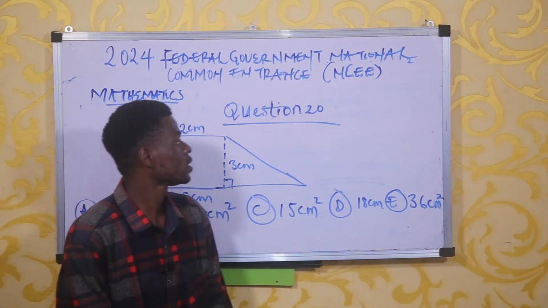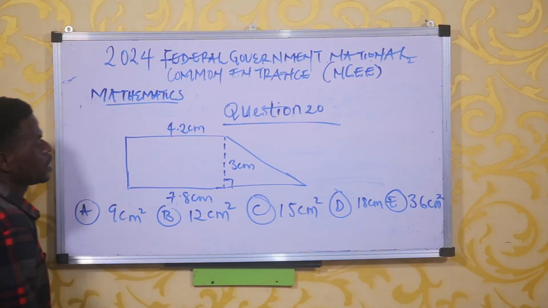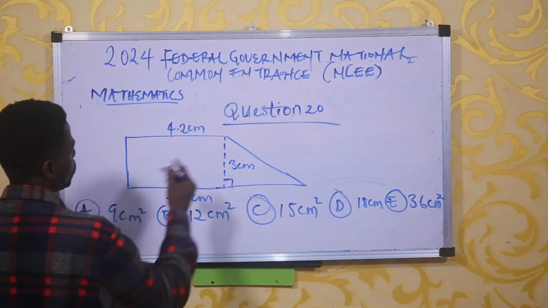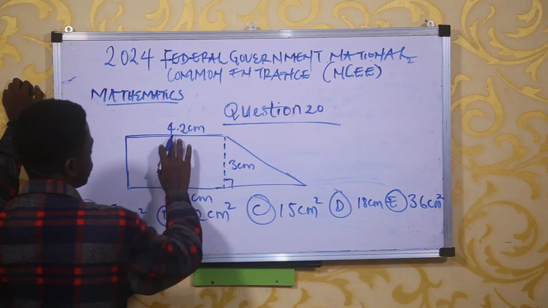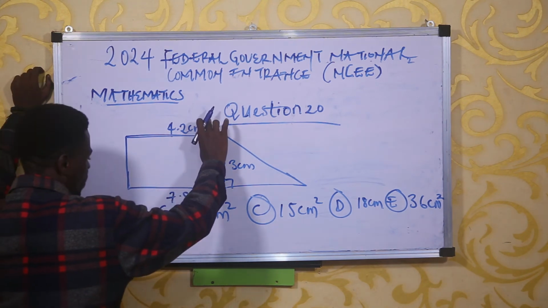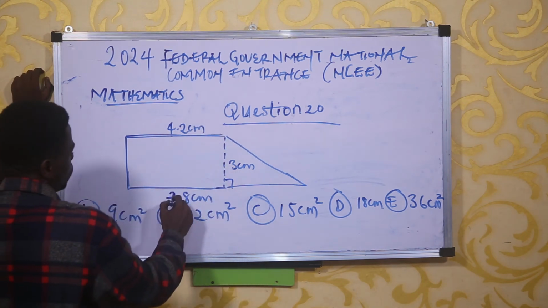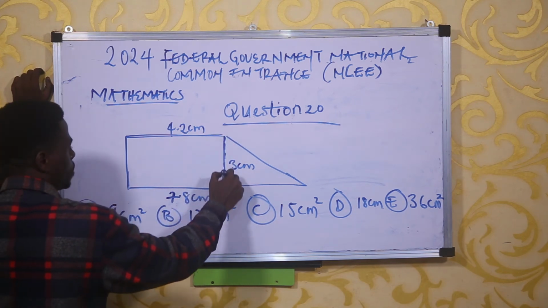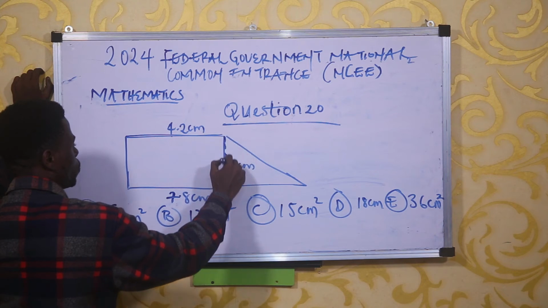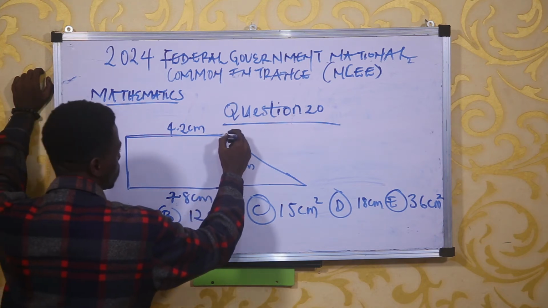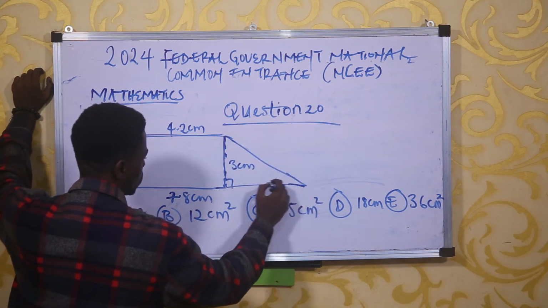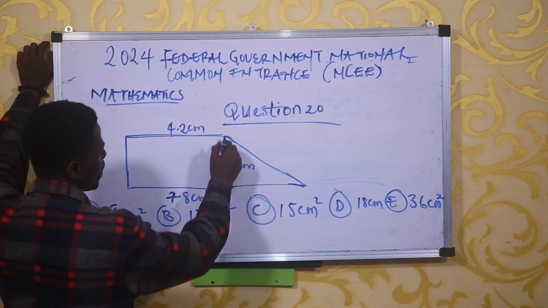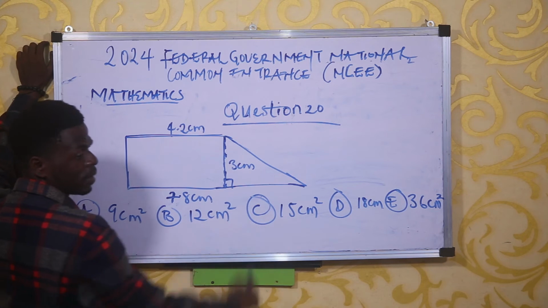Question 20 says that this is a trapezium. From the length here we have 4.2 centimeter and 7.8 centimeter. This trapezium is a combination of rectangle and triangle. We have the height here, which is 3 centimeter.